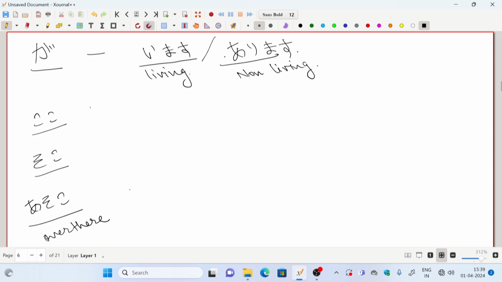So, koko wa, suppose there is a pen, pen ga arimasu. We can also use it with a living being. Soko wa gakusei, which is student, ga imasu.